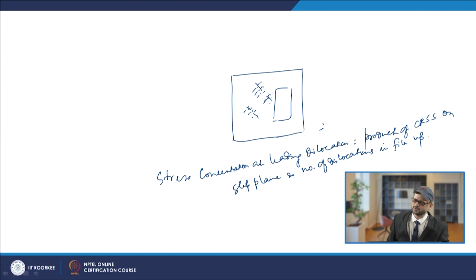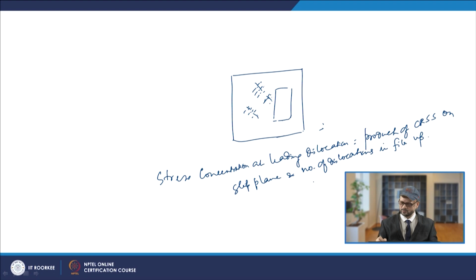So the stress concentration at the leading dislocation depends upon the number of dislocations in the pile up, and the magnitude of this concentration depends upon the grain size.